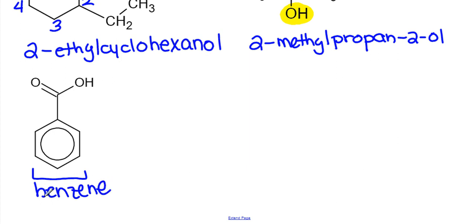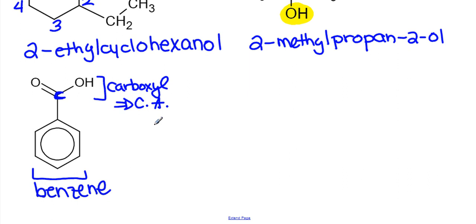It's hard to attach certain functional groups right in the benzene ring or right to the benzene ring depending on what's there. Here we can see we've got a carbon, double bond to oxygen, and a single bond to OH over here. This is your carboxyl group, which means you've got a carboxylic acid.